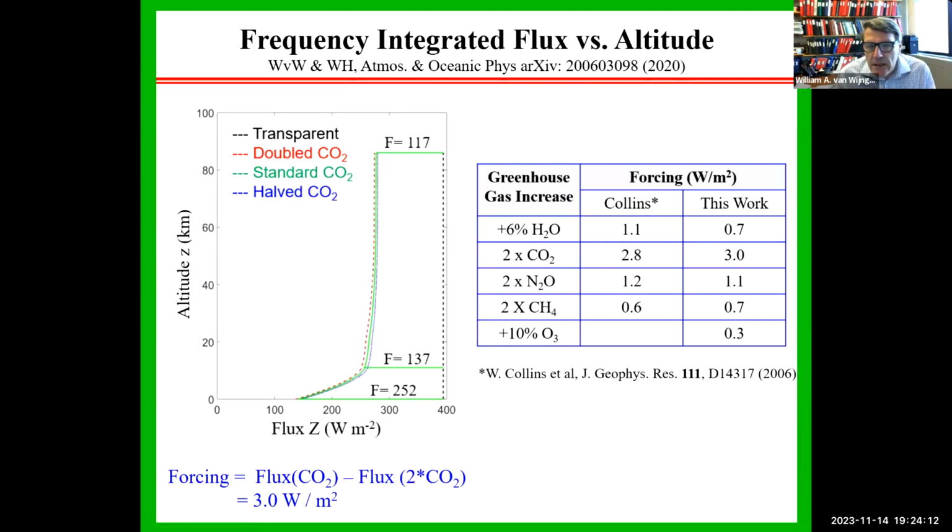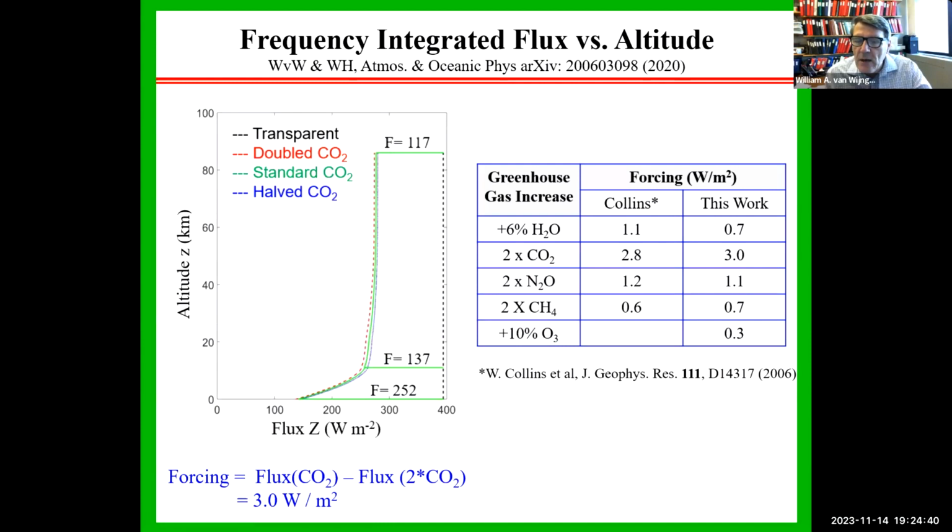And you can make this calculation for a standard CO2 atmosphere of 400 parts per million, double the CO2 or half it. And there will be a slight change in the flux coming out at the top of the atmosphere. This difference in the flux when you have a normal atmosphere or doubling CO2, this is called the radiative forcing. And for doubling CO2, this flux is 3 watts per square meter.